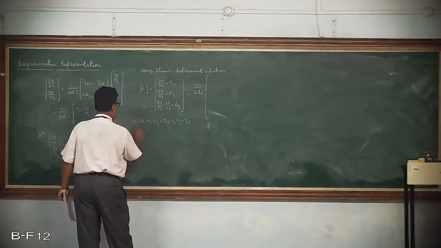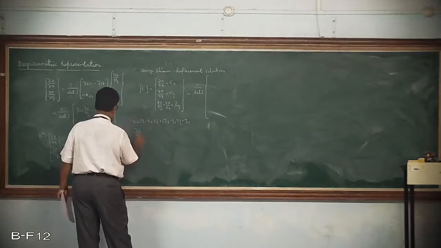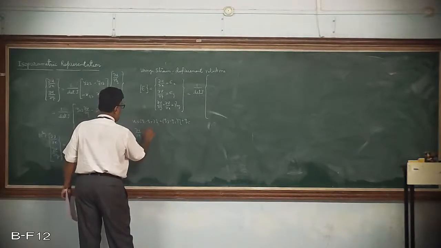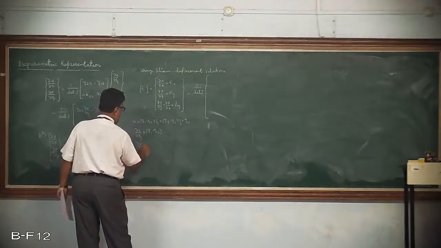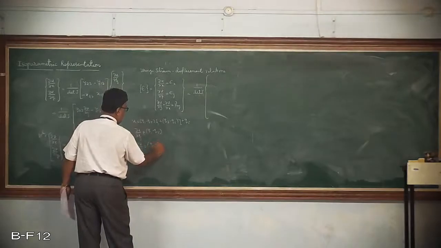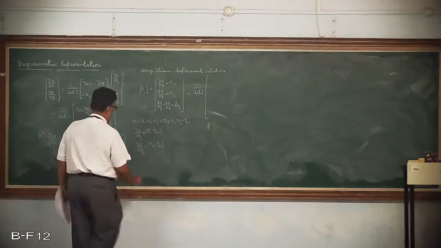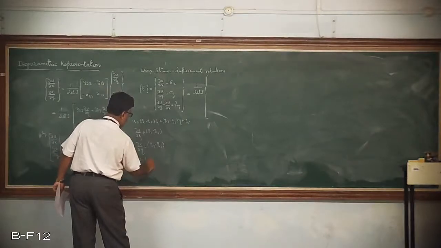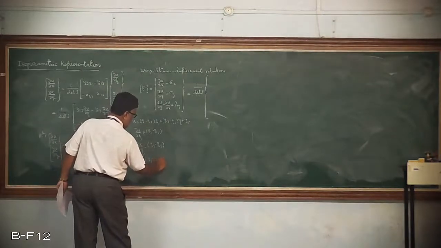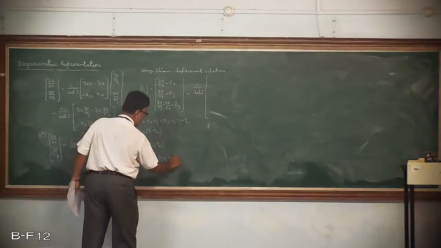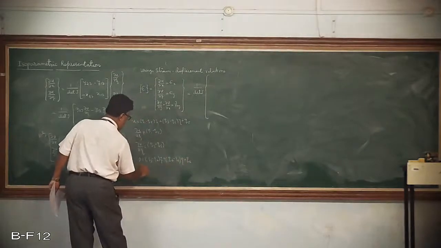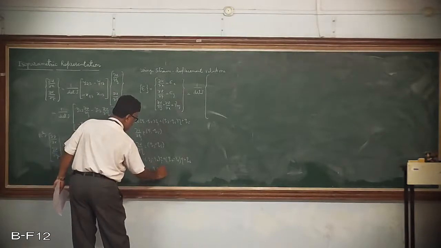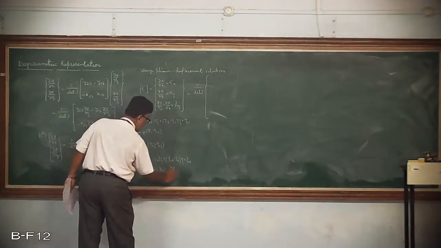So dou u by dou zeta will always be q1 minus q5, and dou u by dou eta is q3 minus q5. Similarly, v is q2 minus q6 zeta plus q4 minus q6 eta plus q6. So here also dou v by dou zeta is q2 minus q6, and dou v by dou eta is q4 minus q6.